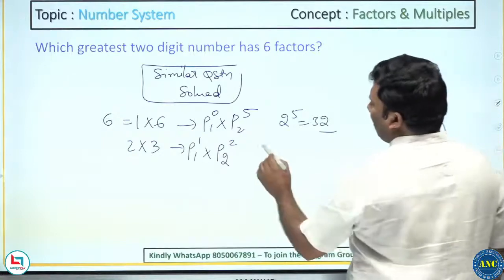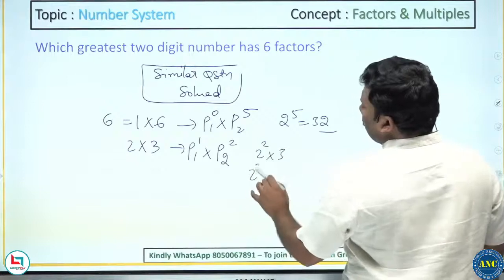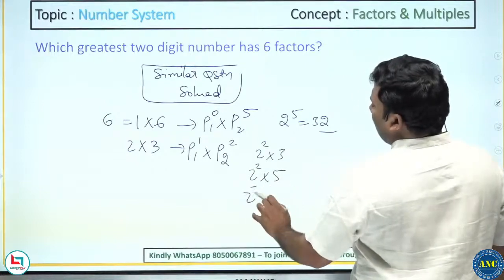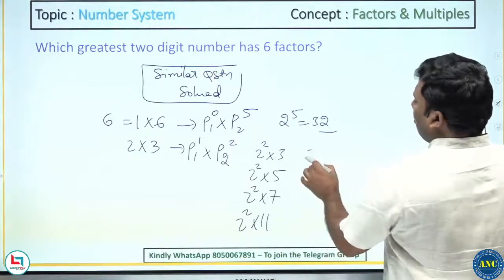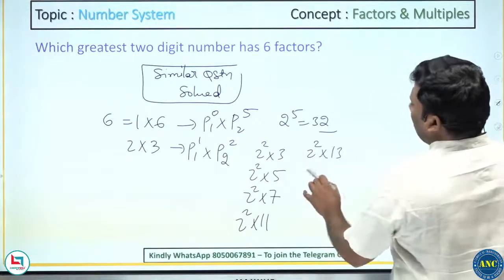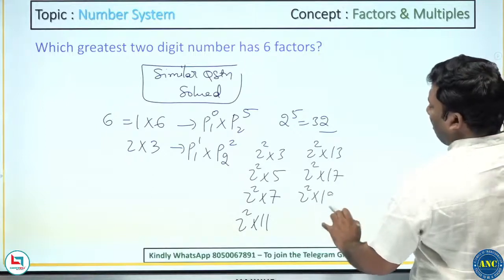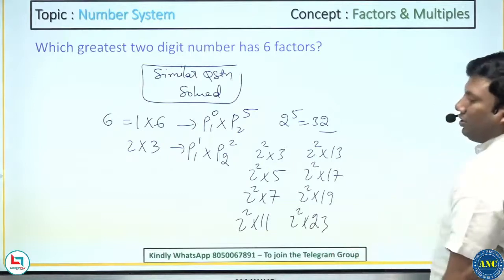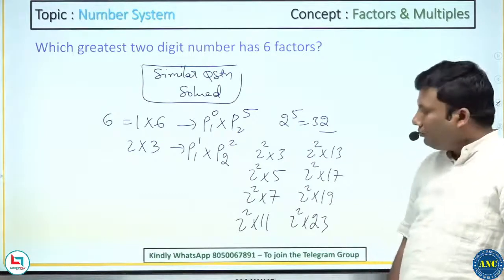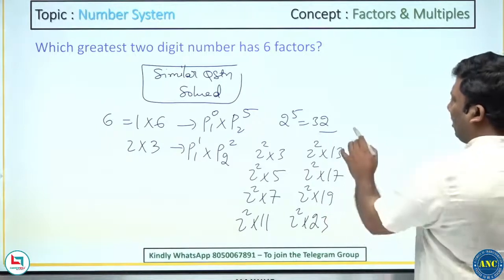Greatest we require. So if I keep 2 square into 3, 2 square into 5, 2 square into 7, 2 square into 11, 2 square into 13, 2 square into 17, 2 square into 19, 2 square into 23. What is the greatest? 2 square into 23.